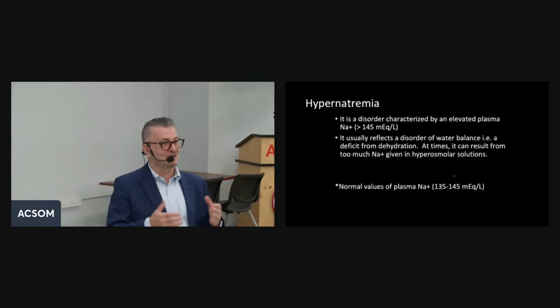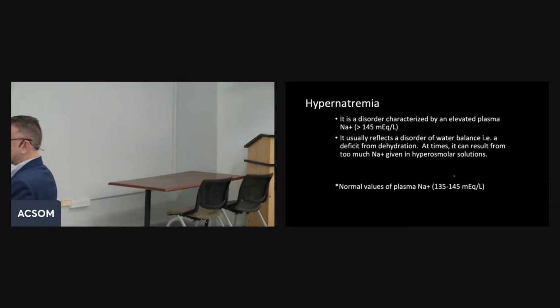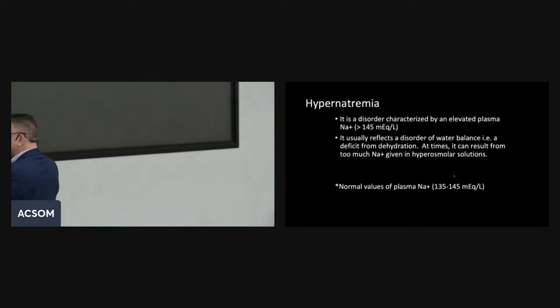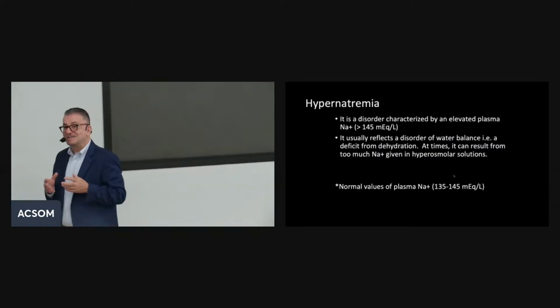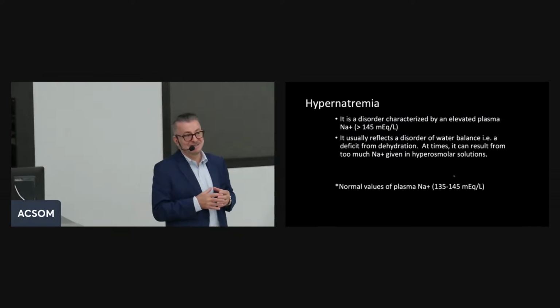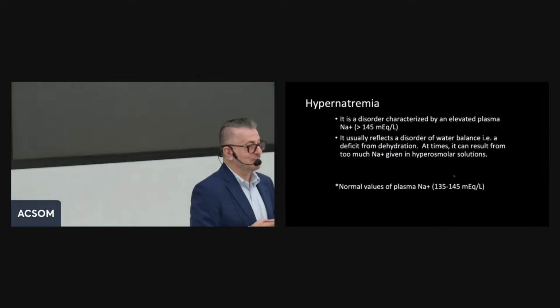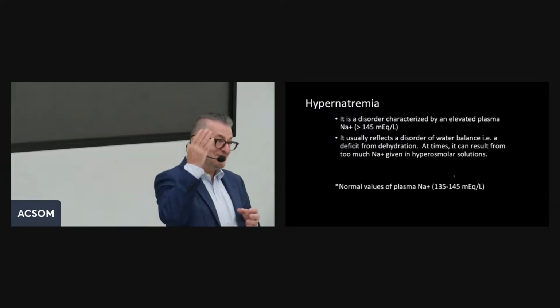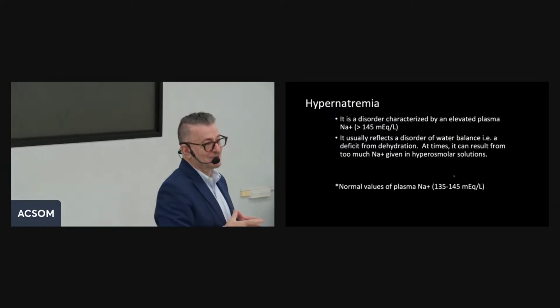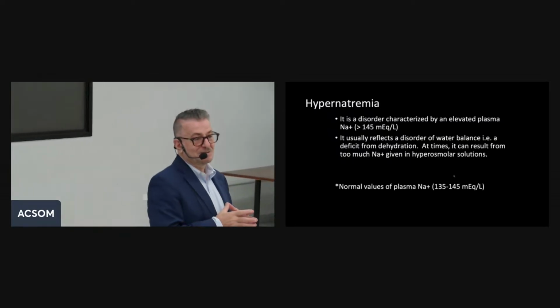One way or the other, you give them water, they get better. Now, in terms of ADH, what should happen to ADH when somebody gets hypernatremia? Should you have active ADH or not enough ADH to get hypernatremia?